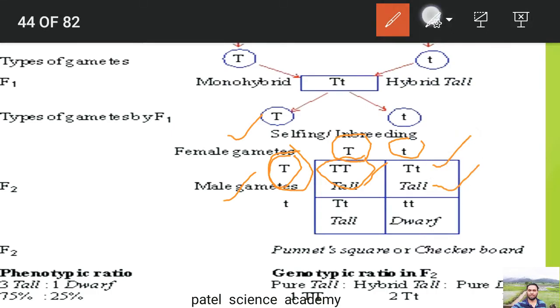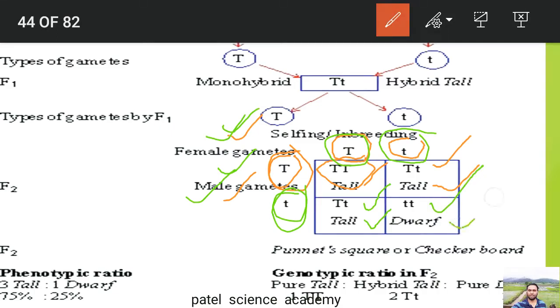When capital T from the female fuses with small t from the male, they will produce capital T small t, and it is again tall. When small t from the female fuses with small t of the male, they will produce small t small t, and it is dwarf.